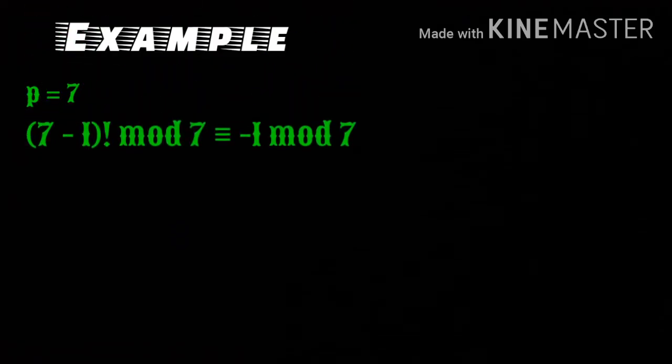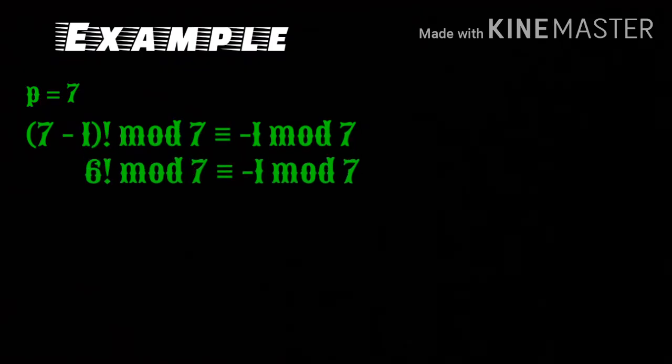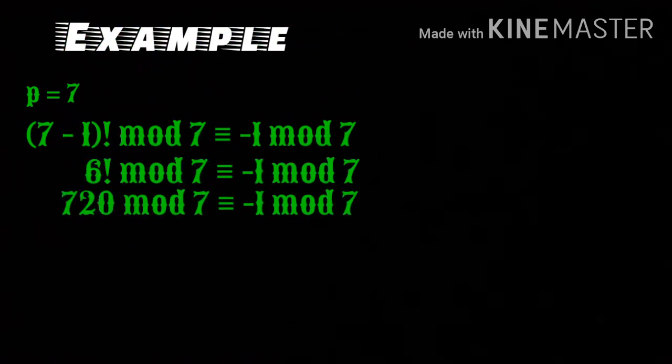Let's say our p is 7, so we have (7 minus 1) factorial mod 7 is congruent to negative 1 mod 7. 7 minus 1 is equal to 6, so we have 6 factorial mod 7 is congruent to negative 1 mod 7. 6 factorial is equal to 720.